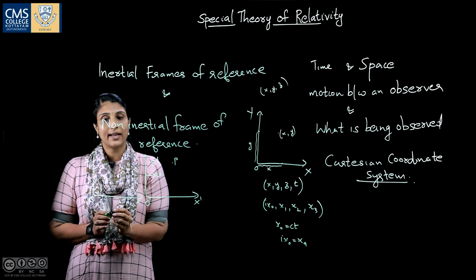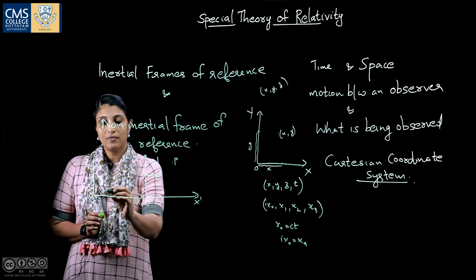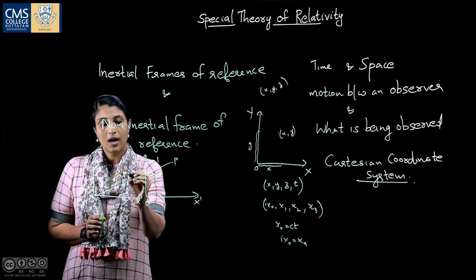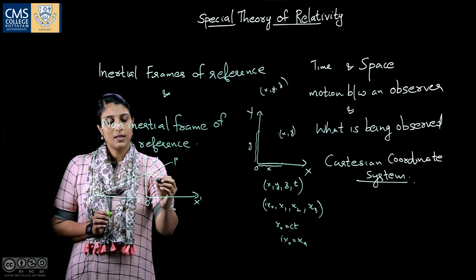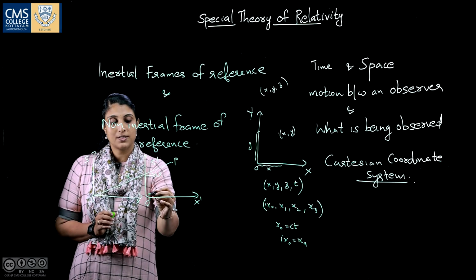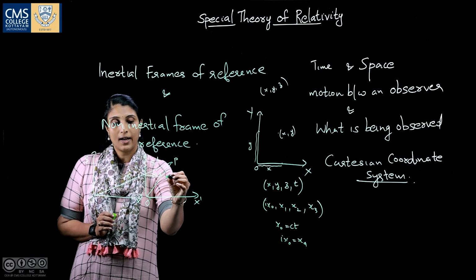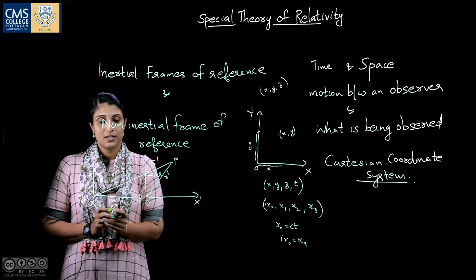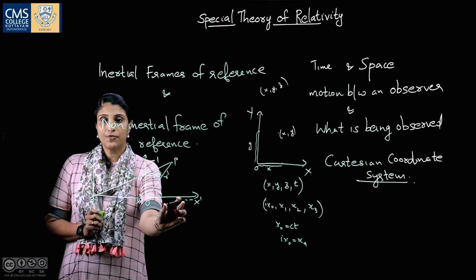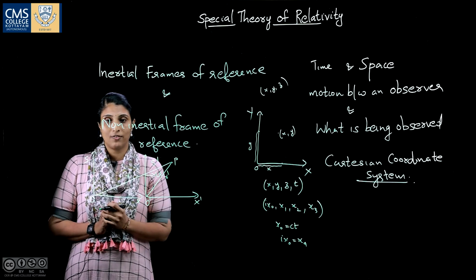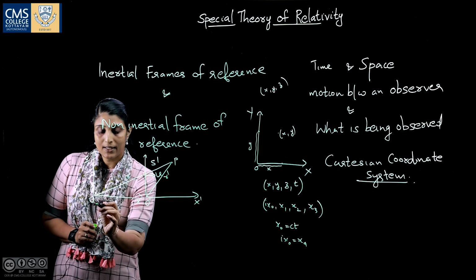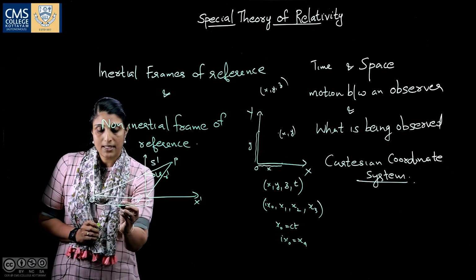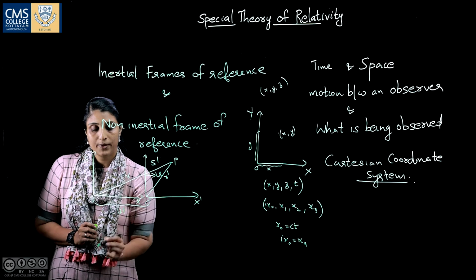So the position vector of the point P with respect to the observer O be R and the position vector with respect to the observer O dash be R dash. Then during the time interval t, since this S dash frame is moving with velocity v, we know that the distance covered by this S dash frame in the time t is velocity into time.